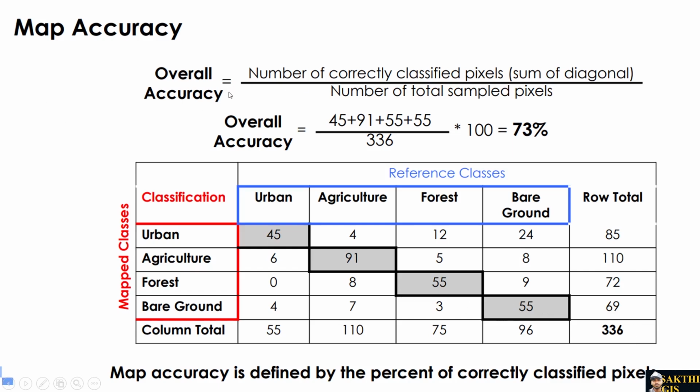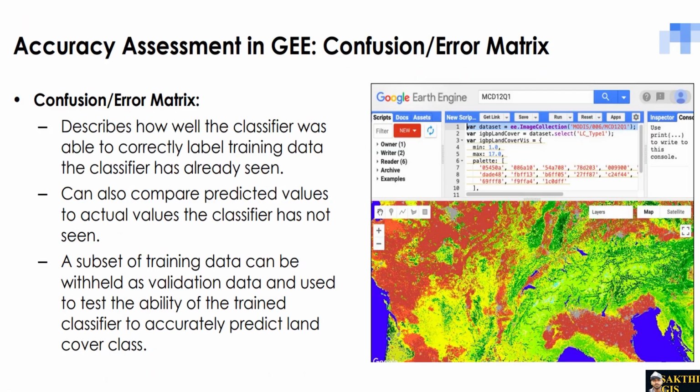Based on that we calculate the overall accuracy from the number of correctly classified pixels and the total number of sample pixels. This part we can also calculate in Google Earth Engine itself.